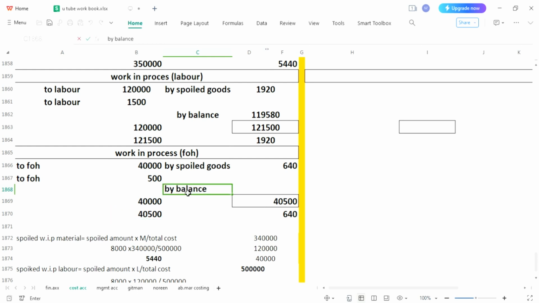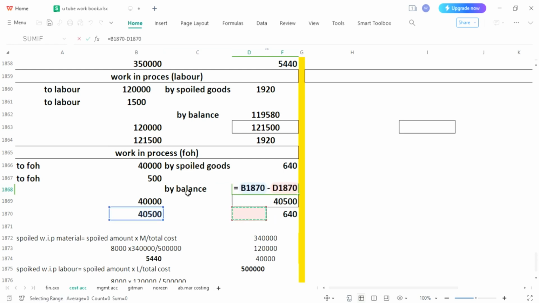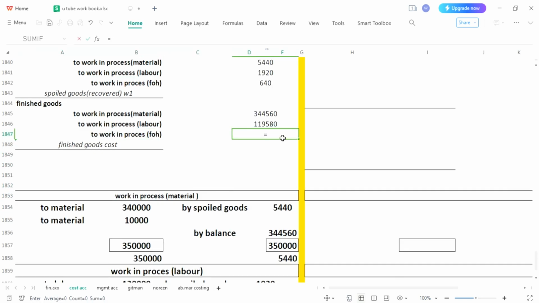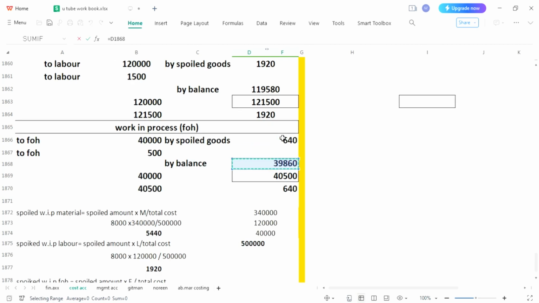By subtracting smaller sum from the larger sum. Larger sum was 40,500, subtract smaller sum 640. So you have got 39860. This is your calculation for the third entry, and you have calculated your work in process FOH ledger, and balance was 39860. You can put over here.